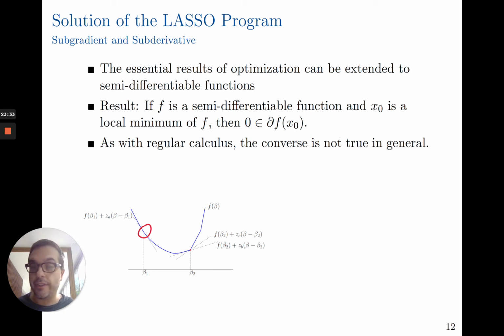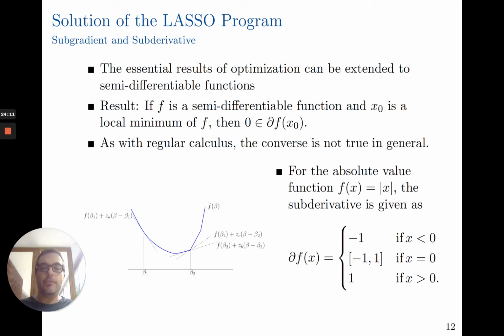So the usual derivative is not defined, so we can have many tangents, but they're limited by this tangent here and this other one there. If you rotate these things in this direction, the subgradient at this point will be any of these tangents limited by the two limits, right?